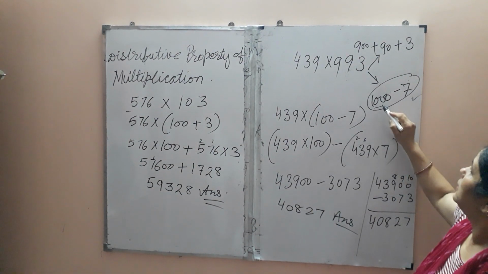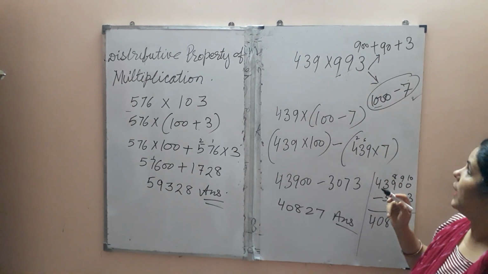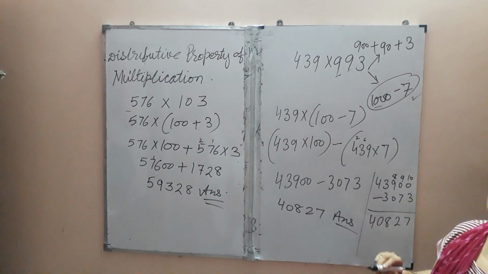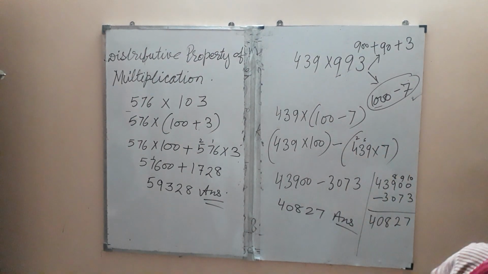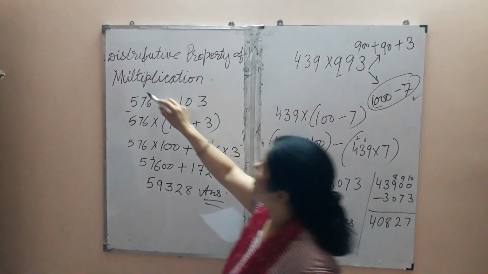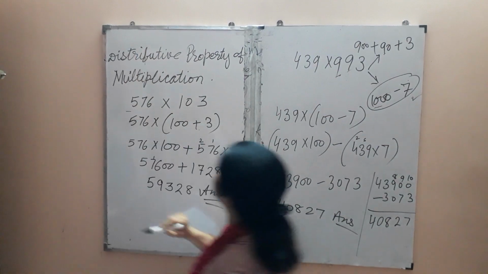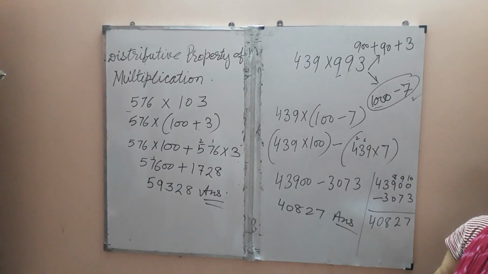So if the numbers are 900 or 90 or 9, then prefer distributing by subtraction. Got it, children? So in this way we will solve the sums of distributive property under addition and under subtraction. Got it?